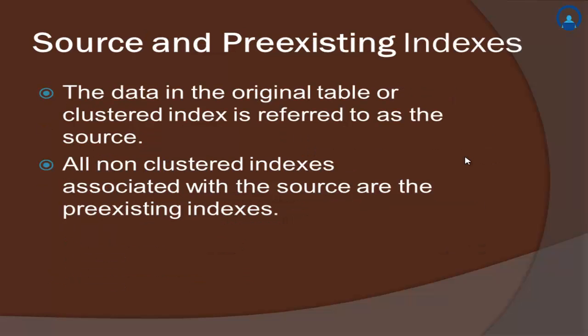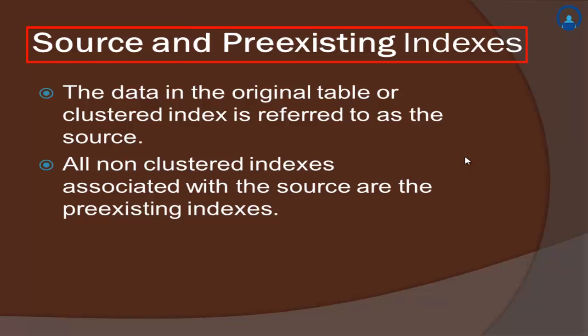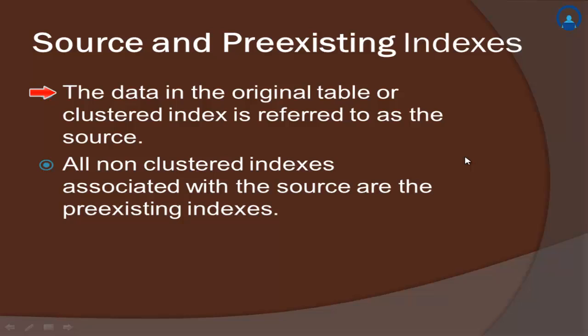Let's move ahead with source and pre-existing indexes. The data in the original table or clustered index is referred to as the source. All non-clustered indexes associated with the source are pre-existing indexes.